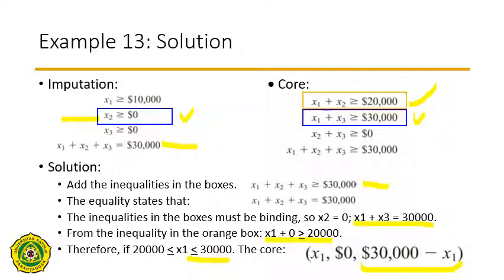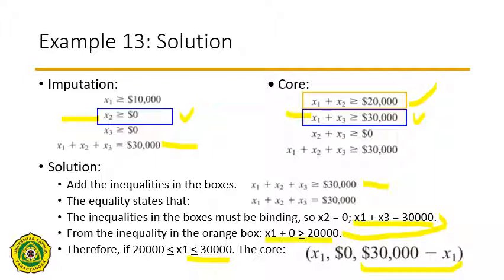Again, we get this solution because from the orange box we know that x1 must be greater than or equal to 20,000, sorry. And based on the fact that this blue box must be binding, we know that x1 plus x3 must equal 30,000. So by looking at these two conditions, we find out that the core of this game looks like this.